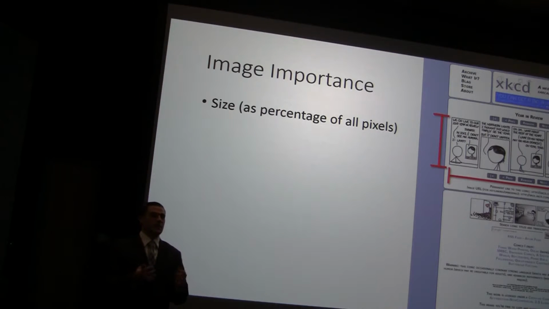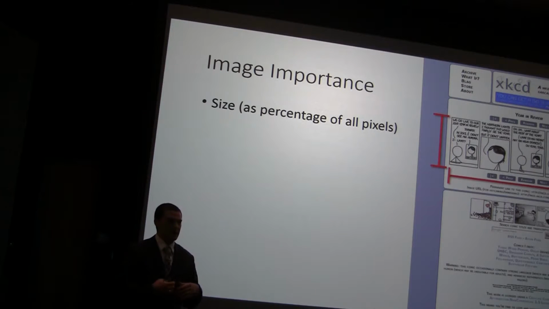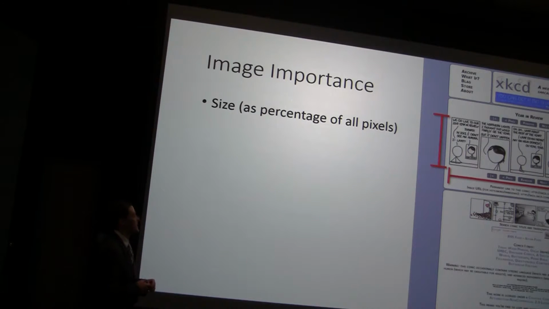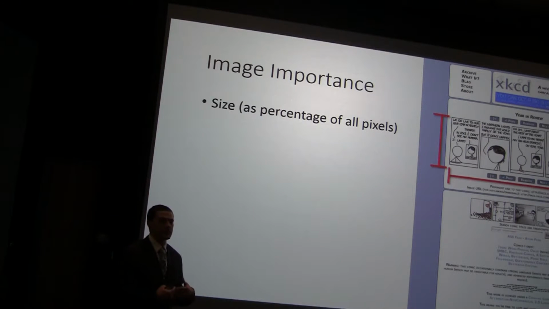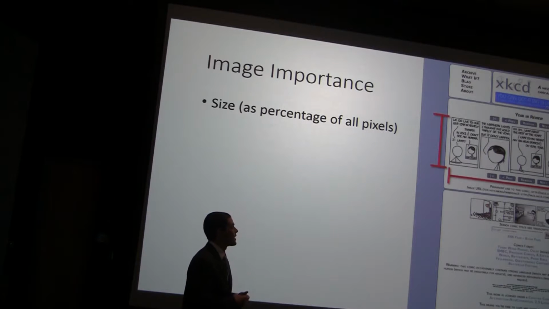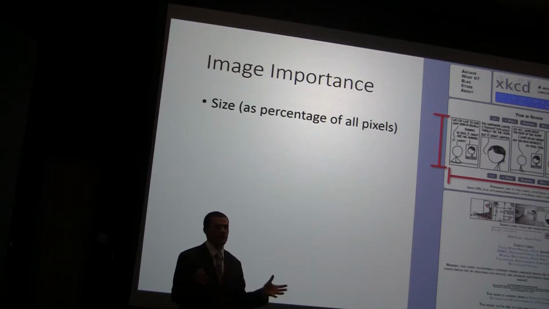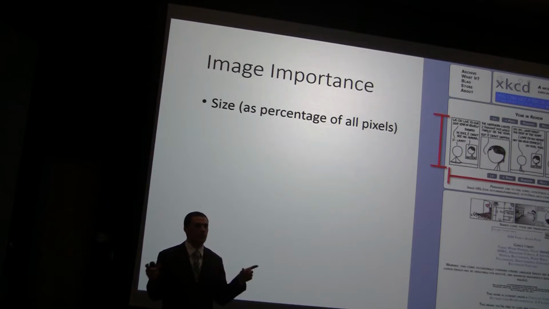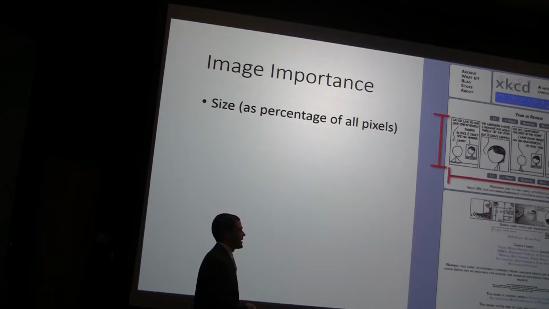To rectify this, we want to come up with a metric that will align closer to human perceived quality of a memento. And to do this, we consider a couple of different features of these embedded resources en route to finding that metric. So for images, we consider the size of the image, and that is the proportion of all of the pixels that image takes up on the page.